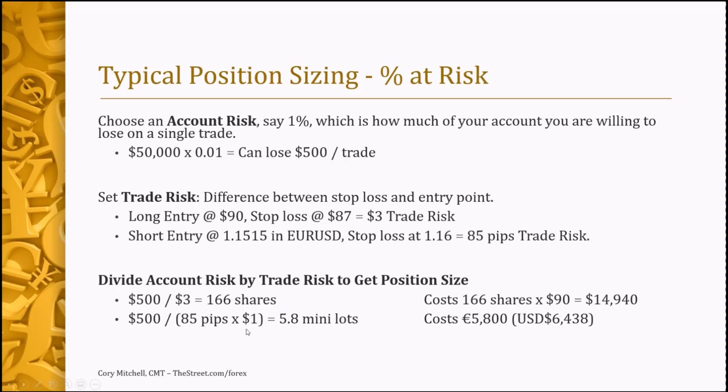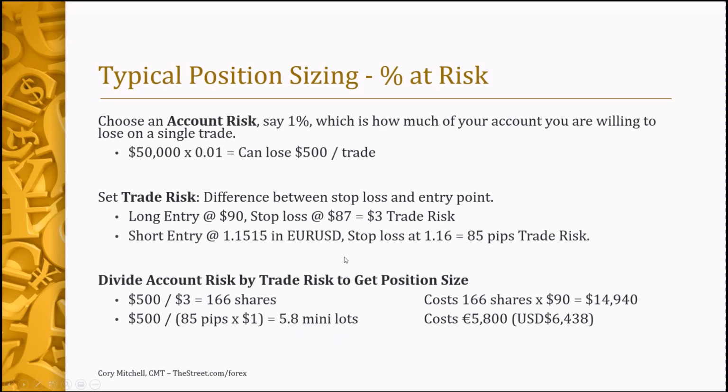This pip value could be different. But with the Euro USD, assuming you're trading a US dollar account, you can go $500 divided by your trade risk times the pip value, and in this case it's $1 per mini lot. So 500 divided by 85, 5.8 mini lots.